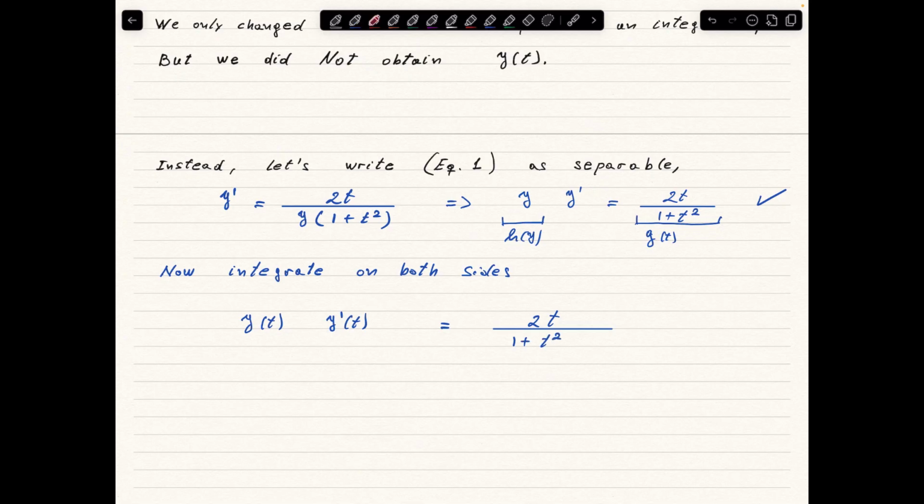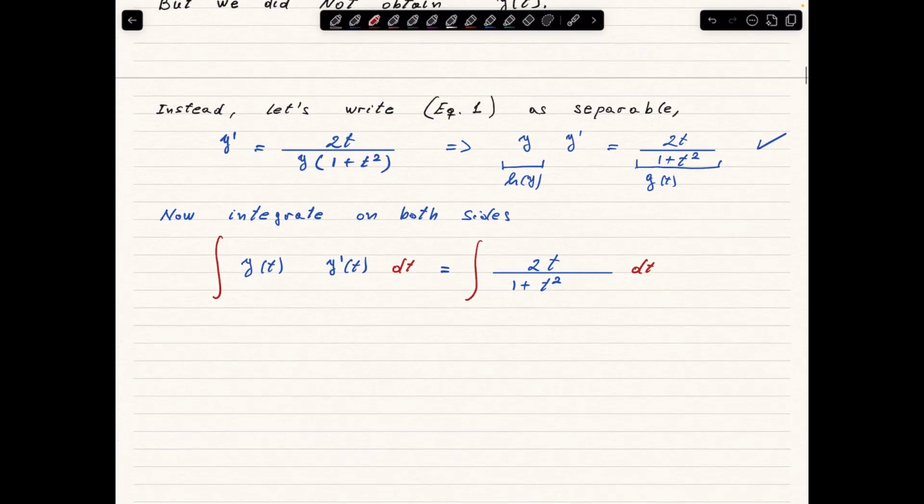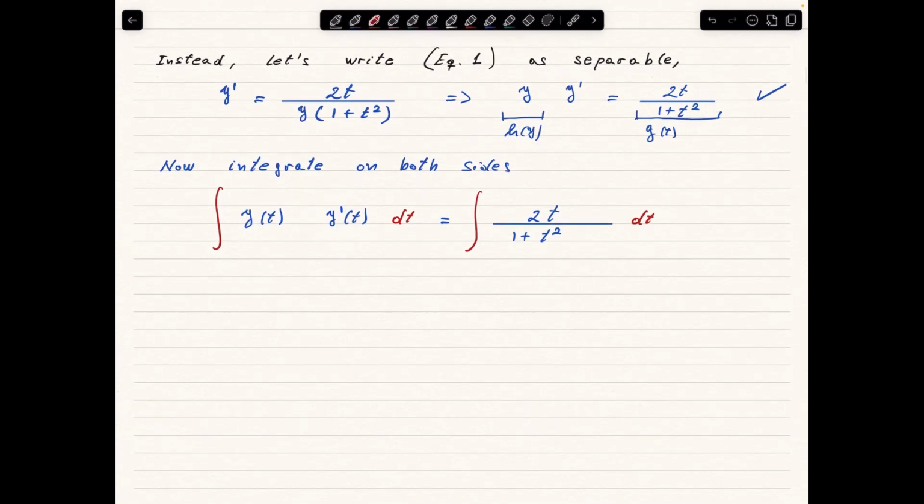This is our differential equation. Now we integrate on both sides with respect to the same variable, which is the independent variable t. And now we can solve the equation, because on both sides of the equation, here and also here, we can do substitution.